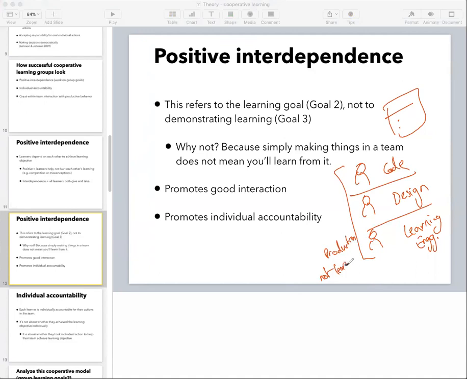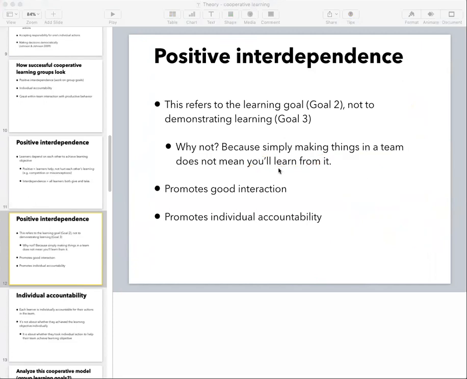And in that case, this would not have positive interdependence because everybody is just splitting up the work and they're not trying to help each other learn, right? So simply making things on a team does not mean you'll learn from it. To have positive interdependence, you must have a learning goal.